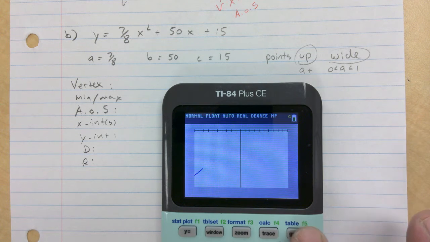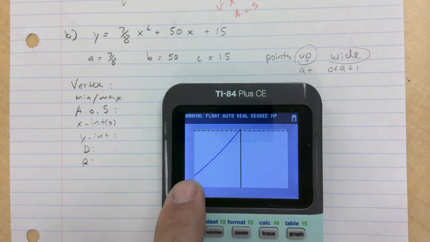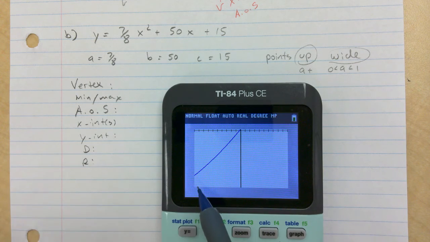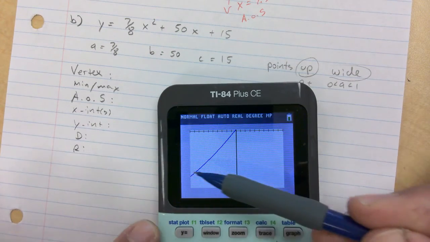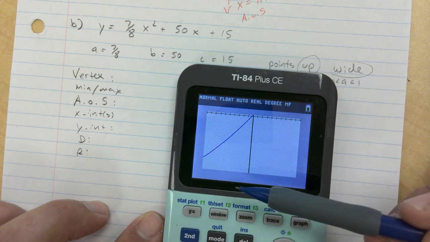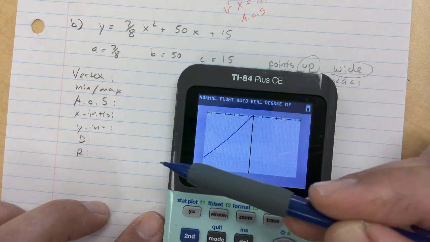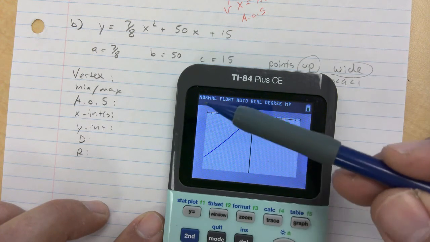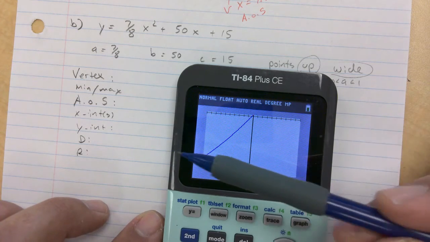So I'm going to go graph again. And now it's starting to level off, right? It's not doing the steep decrease. So I need to now see more this way, okay? Now I'm done with y-min for the time being, and now I'm going to go further that way. So that is x-min that you need to decrease, okay?